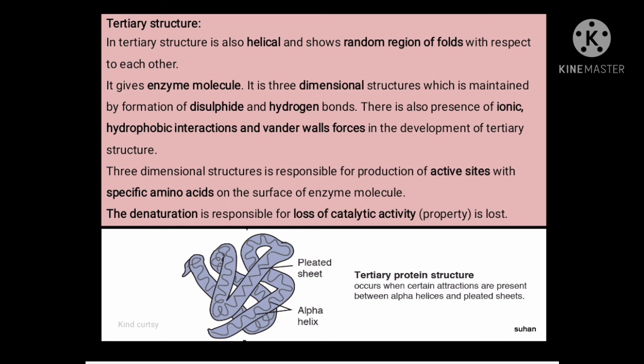That means in a tertiary structure, such types of bonds are formed, that is, disulfide and hydrogen bonds. There are also some ionic and hydrophobic interactions and van der Waals forces in the development of the tertiary structure. Such a three-dimensional structure is responsible for the production of active sites with specific amino acids on the surface of the enzyme molecule. Denaturation is responsible for the loss of activity of such an enzyme, or the property is lost.